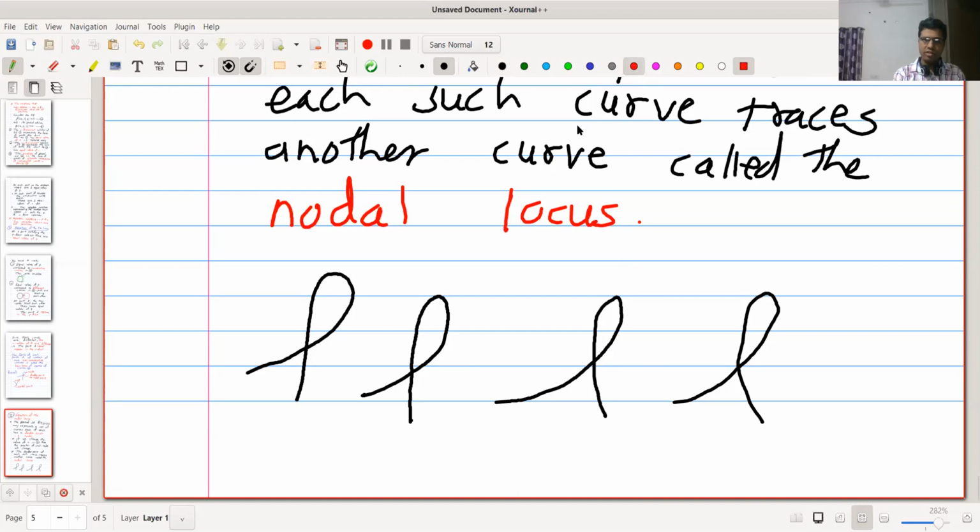If we sketch a curve passing through all such nodal points, then it is called the nodal locus. So this L is the nodal locus.